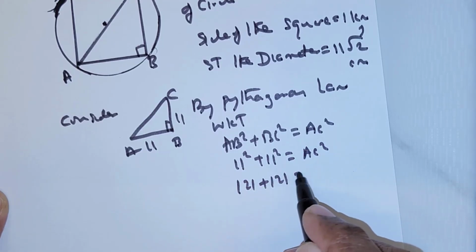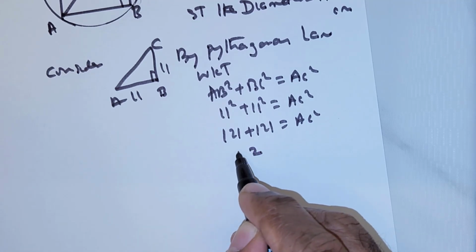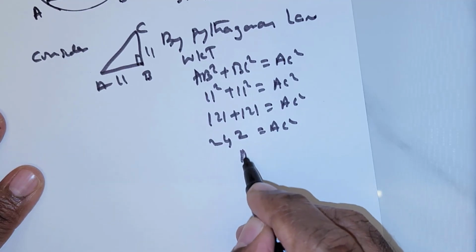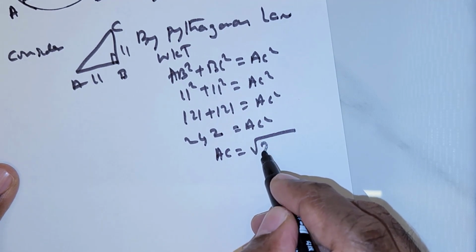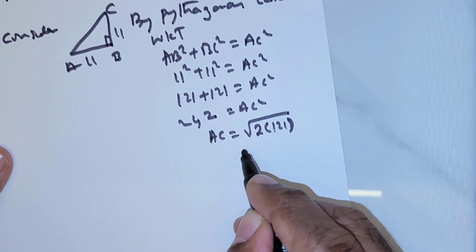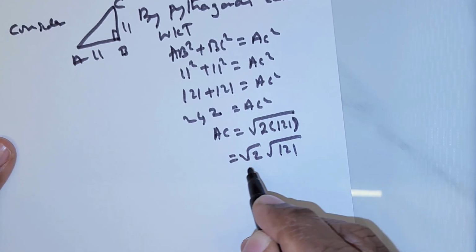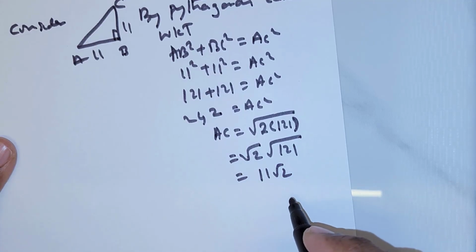This is 121 plus 121, and you get 242 is equal to AC squared. So AC is equal to root of 242. Now I can write 242 as 2 times 121. This is rewritten as root of 2 times root of 121. And I know root of 121 is 11, so AC is 11 times root of 2.